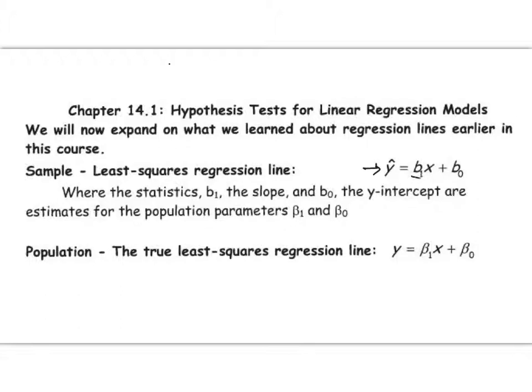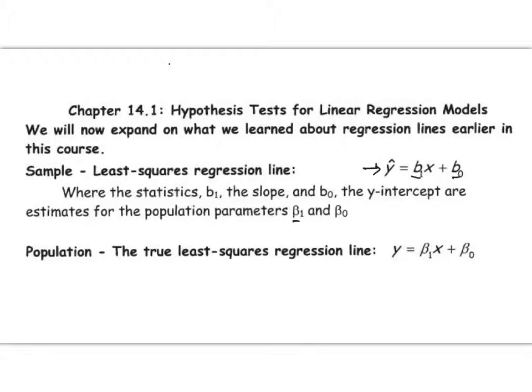This b1 is my predicted slope, and b0 is my predicted y-intercept. We're trying to predict a slope and a y-intercept for our population parameters. Remember, if it comes from a sample, it's a statistic. If it comes from the population, it's the true value, and we call it a parameter. And that is with a beta, capital, it looks like a capital B, B1 and B0.